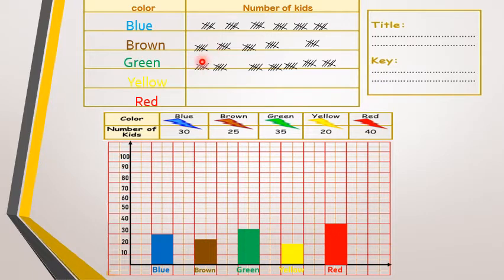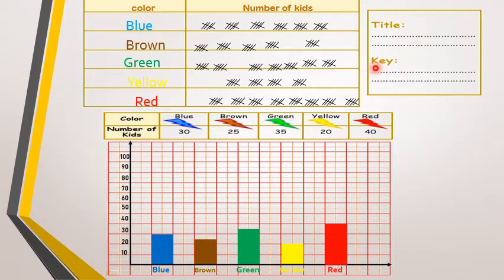How do you do it? You make lines and mark the fifth line like this, so you can make a group that will be 5. The yellow is 20, so I will make groups of 5, 10, 15, 20. And the red is 40, so I'll make groups of 5, 10, 15, 20, 25, 30, 35, 40.